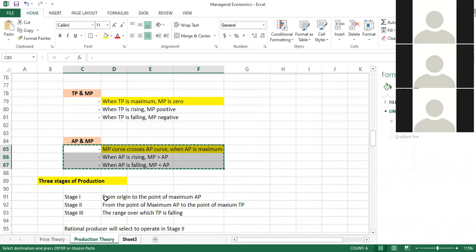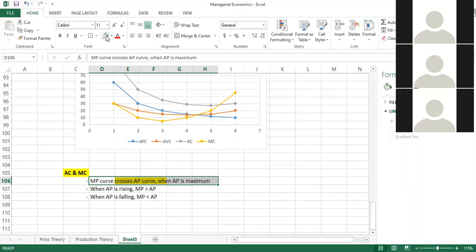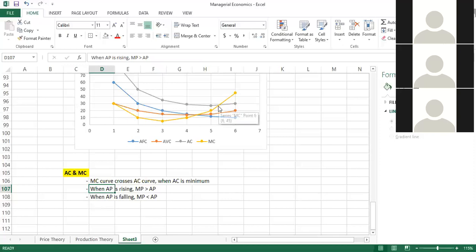So when the marginal cost curve crosses average cost, it will be the minimum point of average cost.